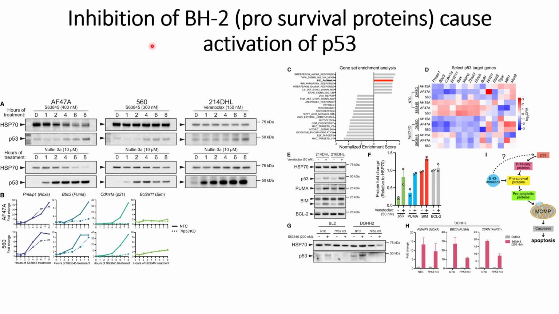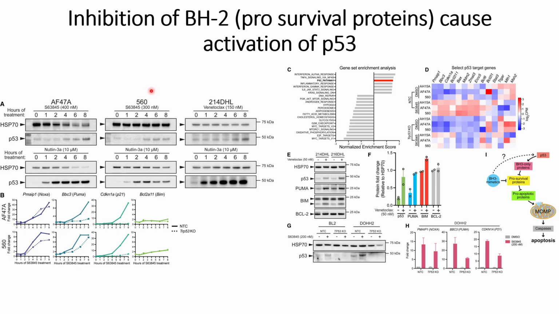In order to test this finding, they used two different kinds of cells, AF47A and 214 DHL, and in order to inhibit the BH2 family proteins, in the case of AF47A they used the inhibitor S63845. They also used a different cell line, 560, but they did not mention much about the results of this 560.